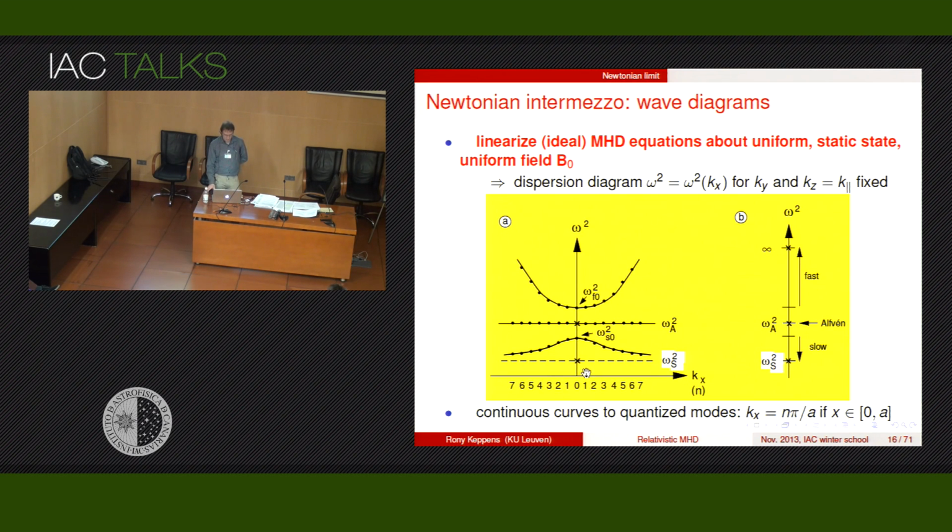Then I keep ky and kz fixed, and plot it as a function of kx. And this dispersion relation is this thing here, all right? This is the fast branch, the Alfvén branch, and the slow branch.